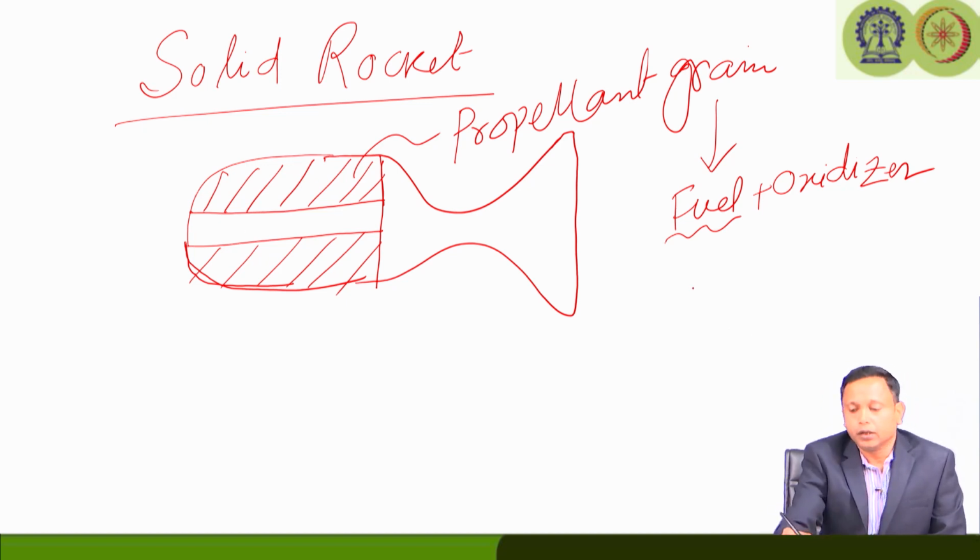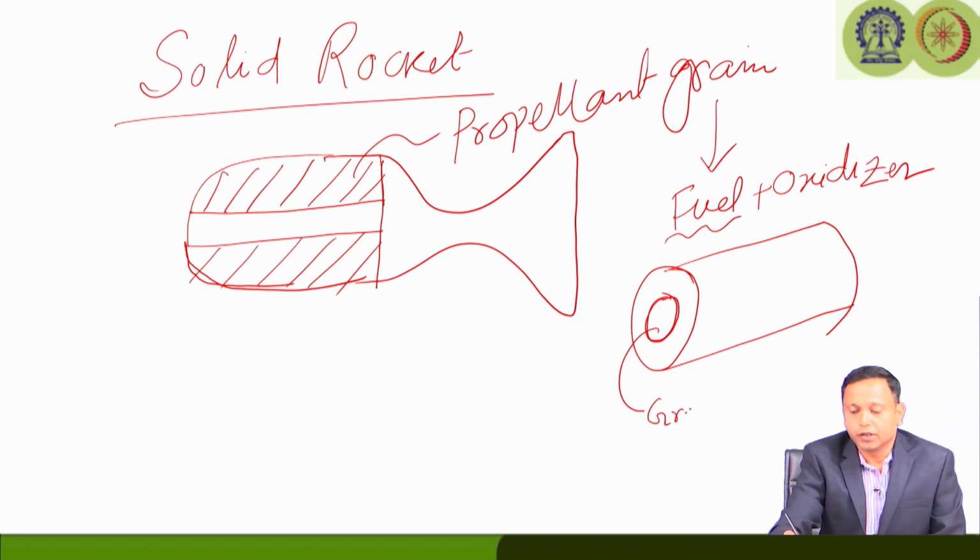If you look at the other view of this, it may look like this. So, that is the grain. In the interior of the grain there is a hollow space, and this is called the grain configuration.